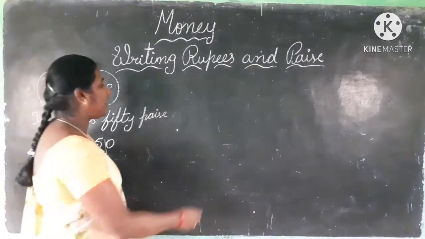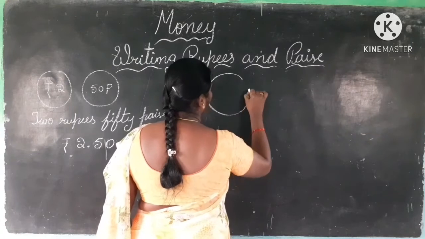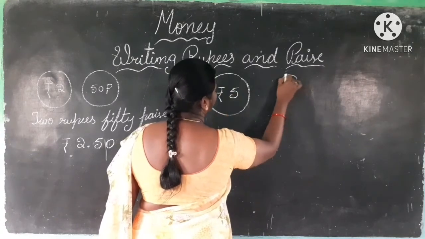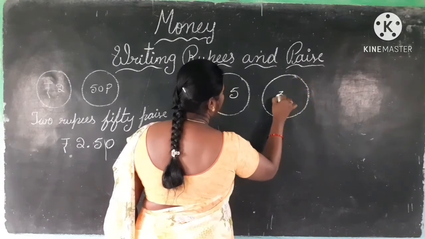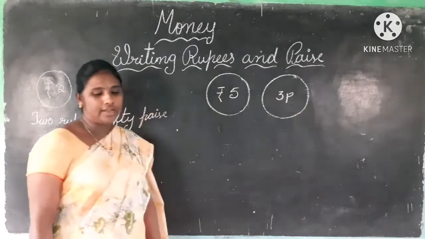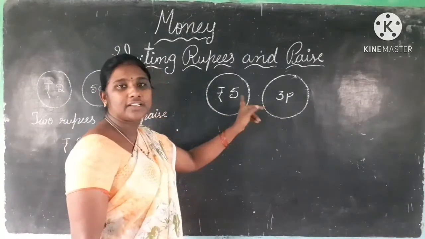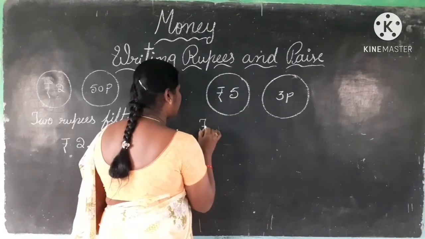Okay, one more. Rupees 5 and 3 pies. How should we write this first? 5 rupees 3 pies, in words.